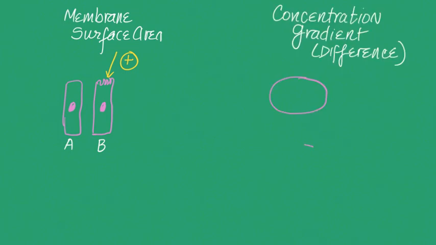Now let's take a look at concentration gradient or concentration difference. We'll take a look at two cells. The first cell that you see here has many molecules on the inside and fewer molecules on the outside. So the difference between the inside and outside in the cell A is quite high.